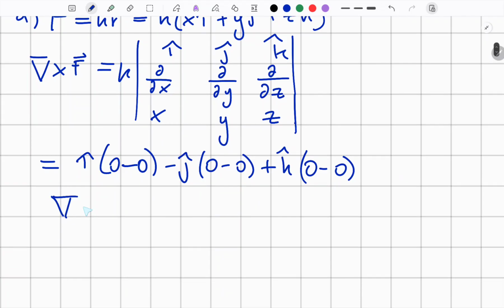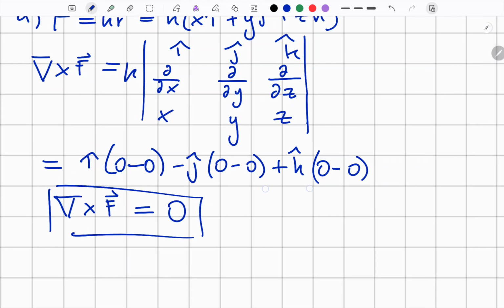And it turns out that our curl is 0 for part A.